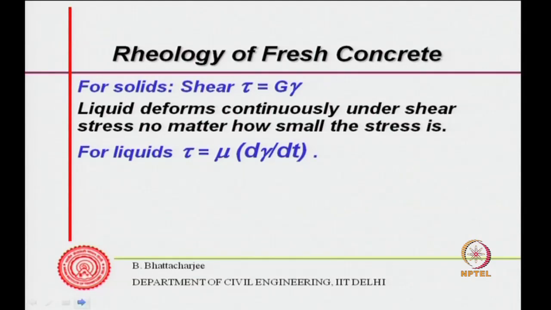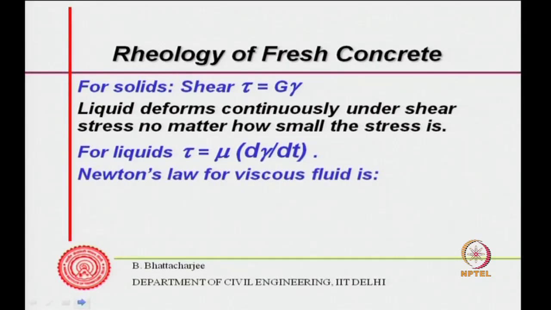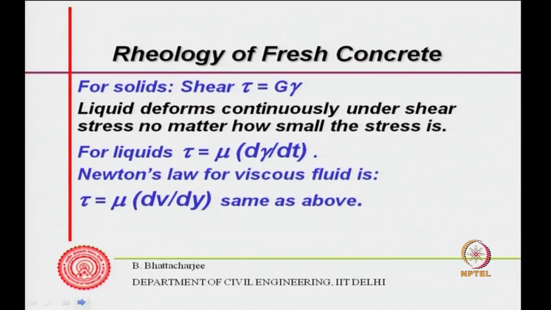Because I said velocity gradient, you can express it in terms of shear strain rate, and that is Newton's law for viscous fluid.